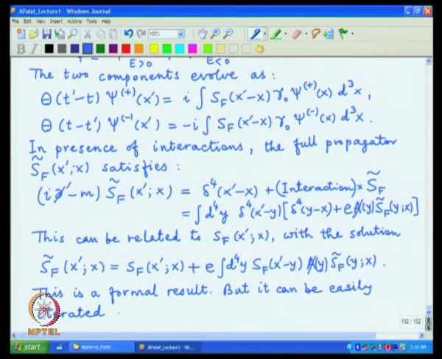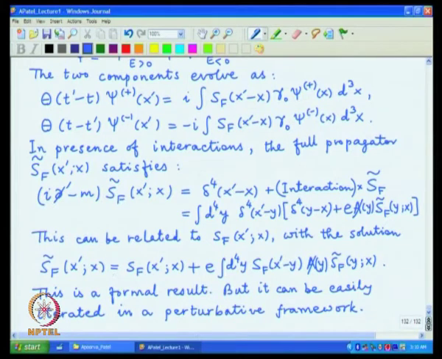It can be easily iterated in a perturbative framework, where in the leading solution you start with ignoring interactions. S f tilde is equal to S f.